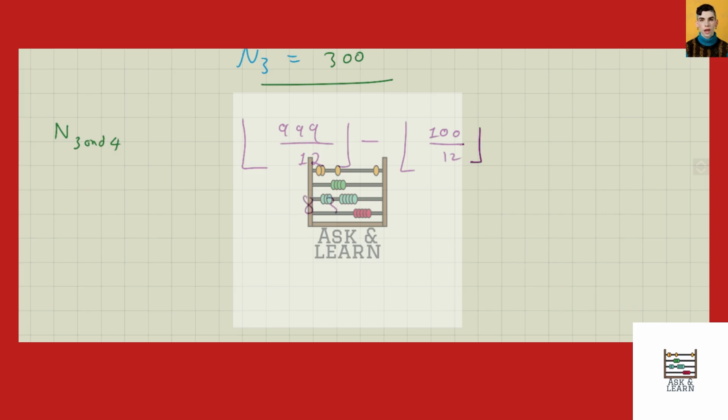So this is 83 minus 8, and this equals 75. So 75 integers on that interval are divisible by 3 and 4.